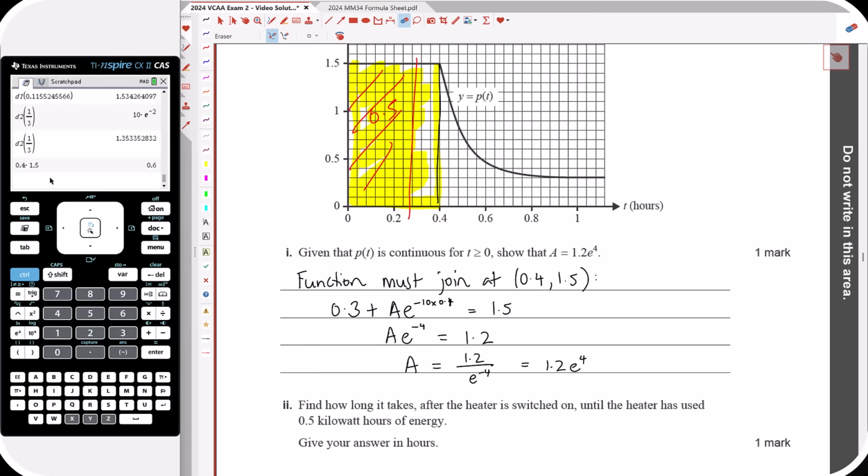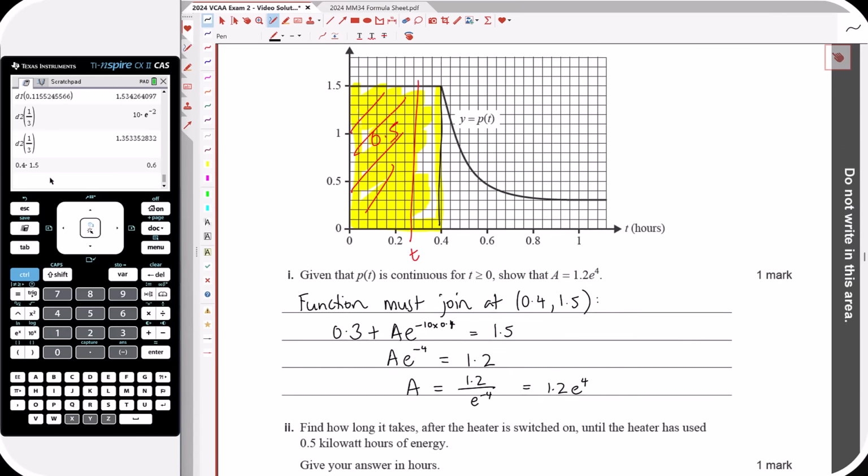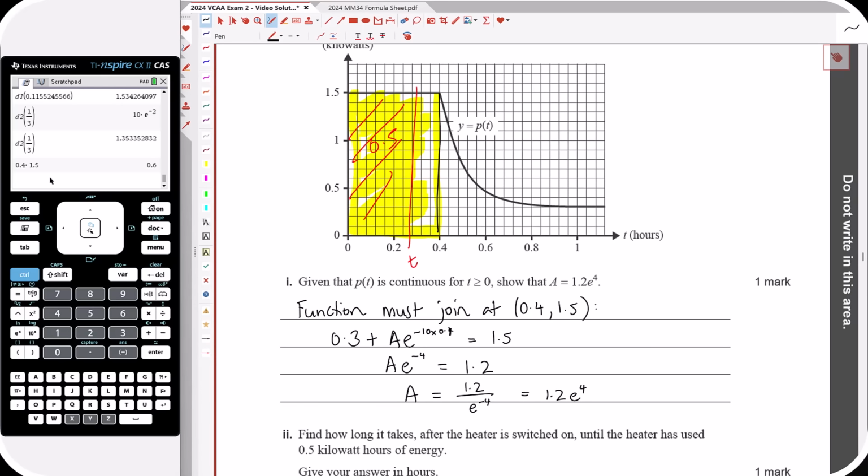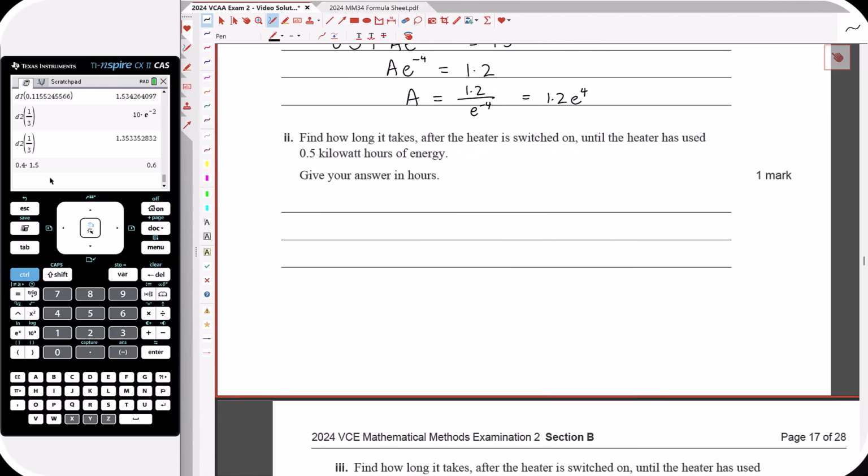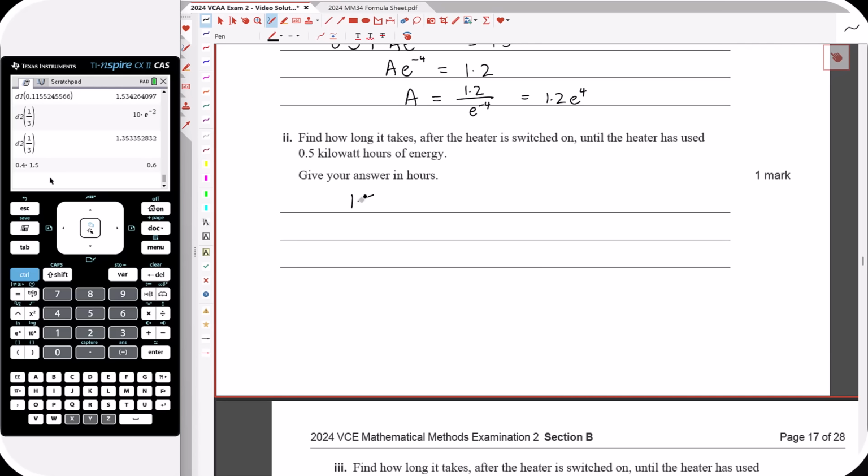It's just a t value, so we can just use t. So if we think about that red rectangle, its area is t times 1.5, and we need that to equal 0.5. So 1.5 times t has to be equal to 0.5, and so t has to be 0.5 on 1.5, which is 5 on 15, which is a third. So therefore, it will happen after 1/3 of an hour or 20 minutes.